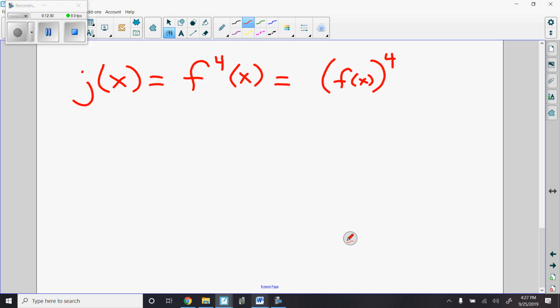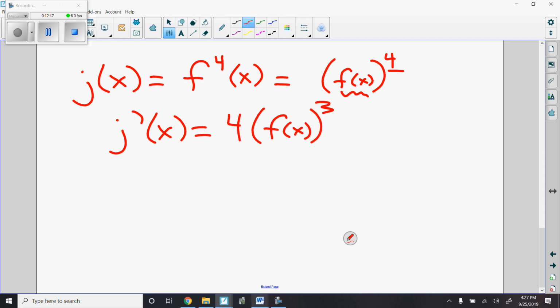Well, when we look at it like that, it's pretty easy to see that f of x is our inner function and x to the 4th is our outer function. So if I wanted to find j prime of x, I can do the derivative of the outside with respect to the inside, and I'll get 4 times the quantity f of x cubed. And now all that's left is to multiply by the derivative of this inner function. Again, I don't really know what f is right now, but I know the derivative of f is written as f prime of x.